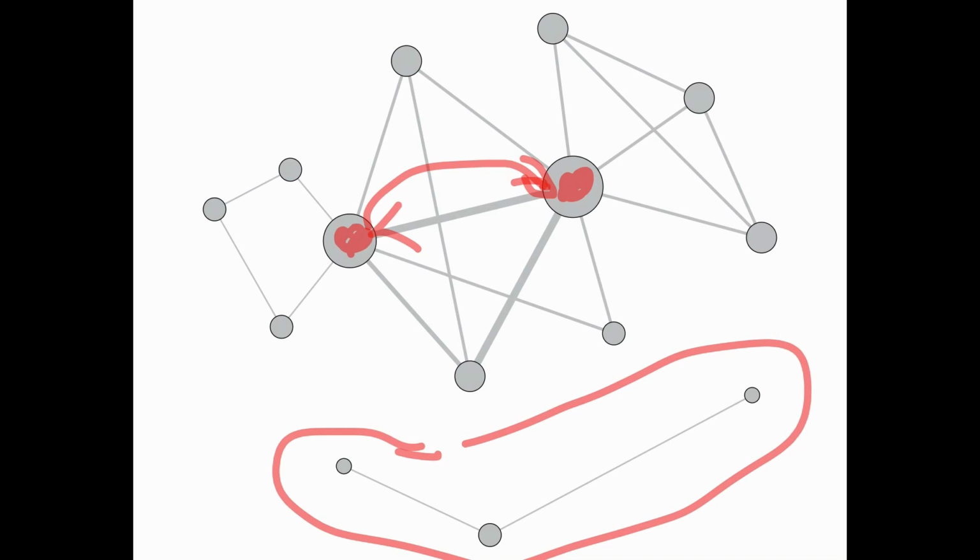In a strong component, a node should always find a path that can reach every other node, and the path has direction. So if this tie is in this direction, you can only go in this direction, but you cannot go from the top to the bottom.